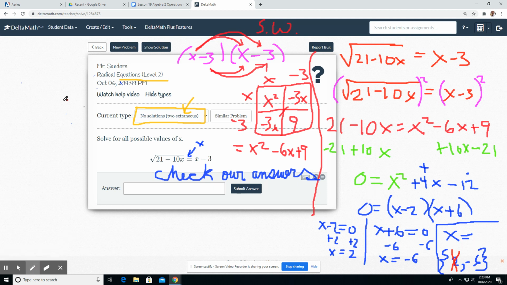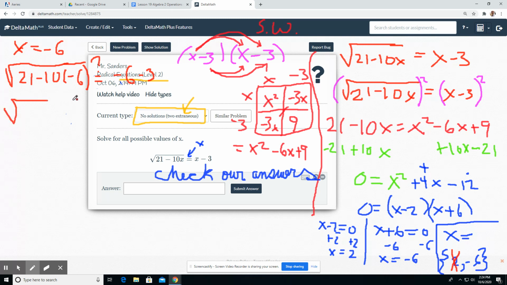Now we're going to test x equals negative 6. Does that work or not? Plug it into our function. 21 minus 10 times negative 6. Make sure your absolute value goes over it. And we're checking, does that equal negative 6 minus 3? Okay.